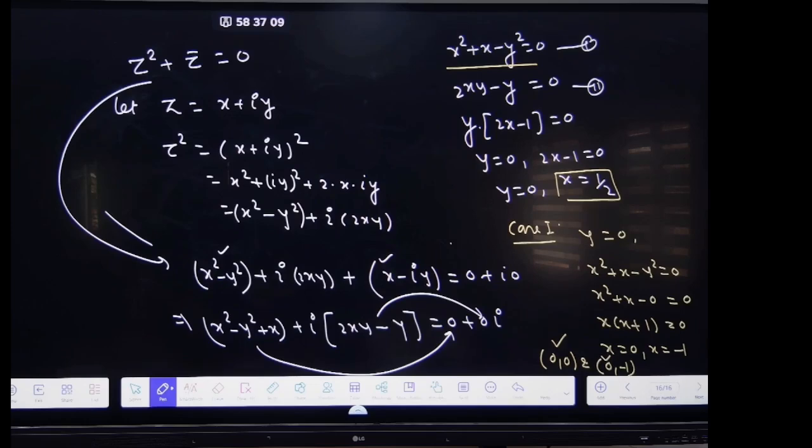Make one complex number. Make a complex number whose real part is separate, iota term is separate. Multiply that first.